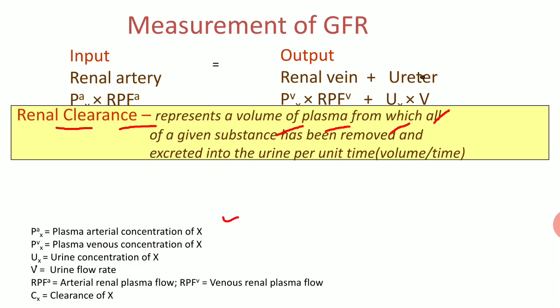So, coming to renal clearance. What is renal clearance? It represents a volume of plasma from which all of the given substance has been removed and excreted into the urine per unit time, and the unit for measuring it is volume per time.